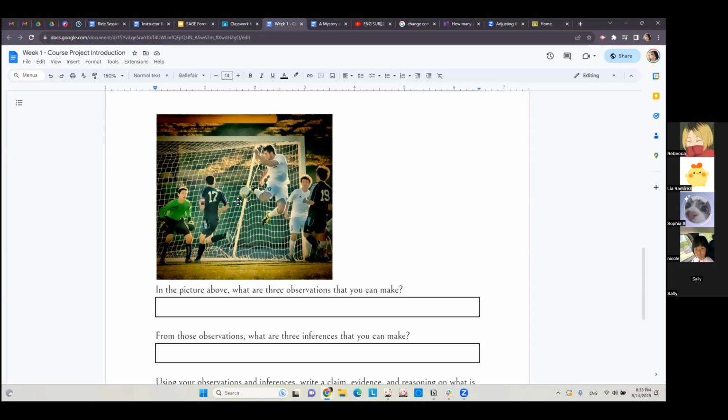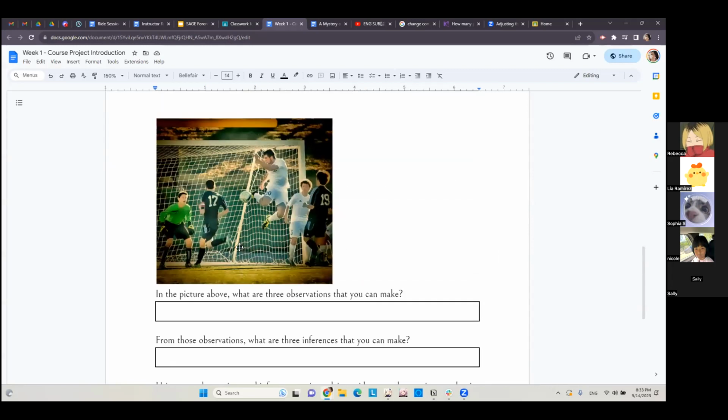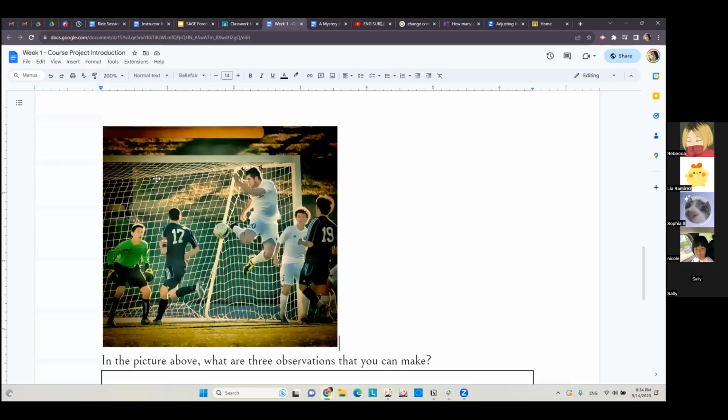Okay, yeah. All right, so let's go through some of these together as practice. What are 3 observations that you can make about this picture? Let me make it bigger. This is the picture.